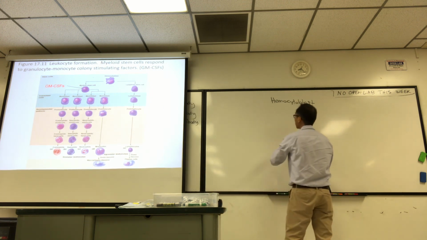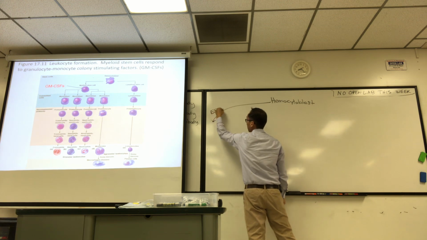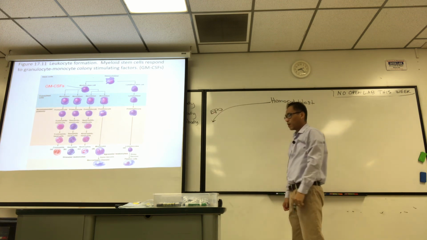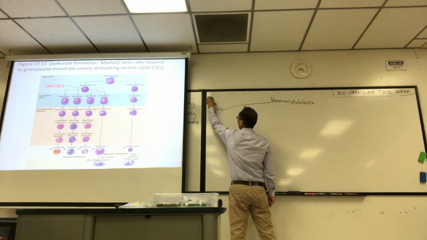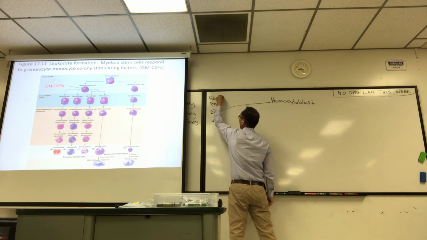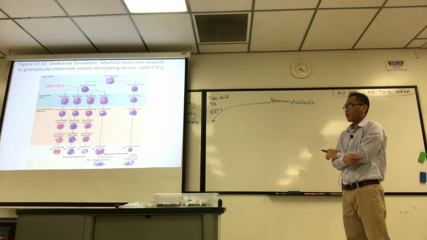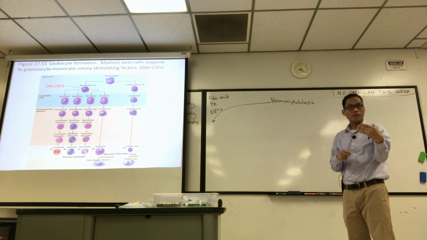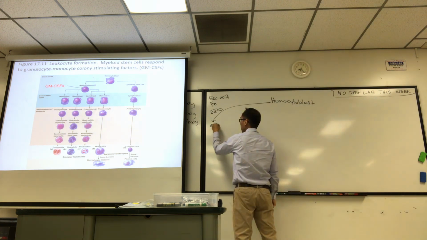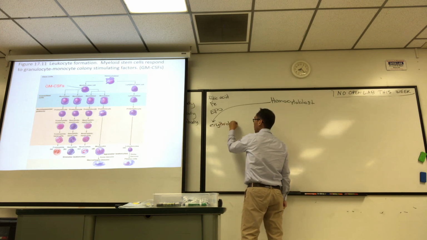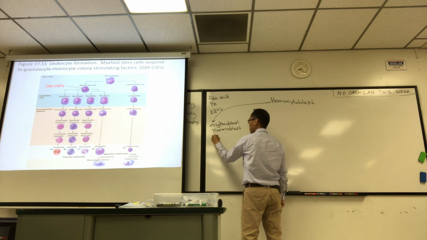From the hemocytoblast, in terms of the presence or absence of EPO, iron, folic acid, remember I talked about all of those blast stages, the erythroblast, normoblast, reticulocyte.